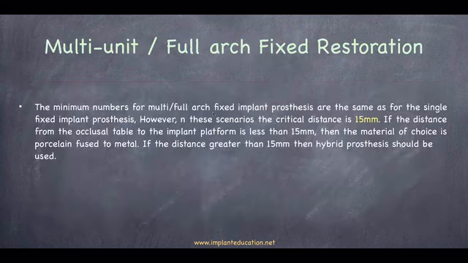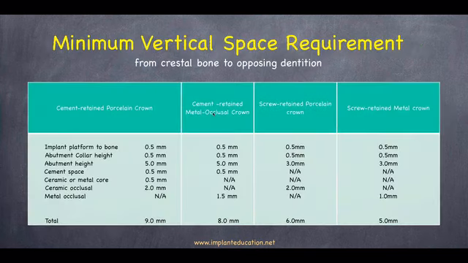Now, for multi-unit full arch fixed restoration, the minimum numbers are the same. So it doesn't matter if it is a single restoration or multi-unit. When it comes to the minimum numbers, the ones we just talked about, the 9, 8, 6, 5, they are the same and they do apply to the multi-unit.